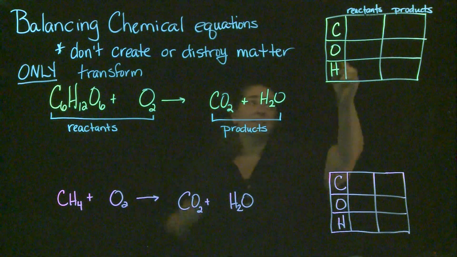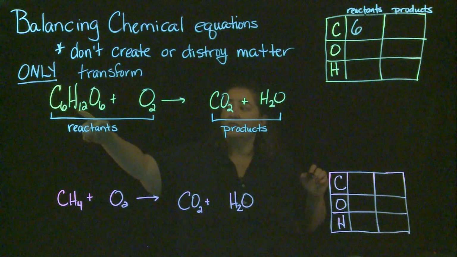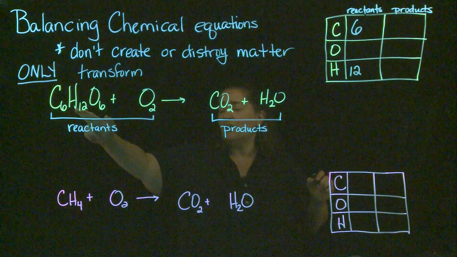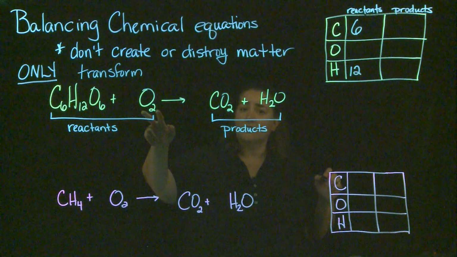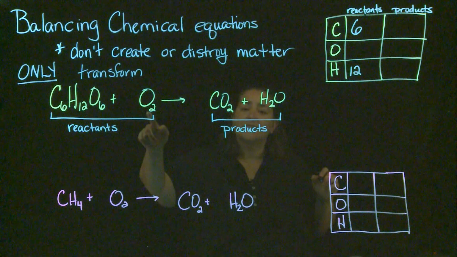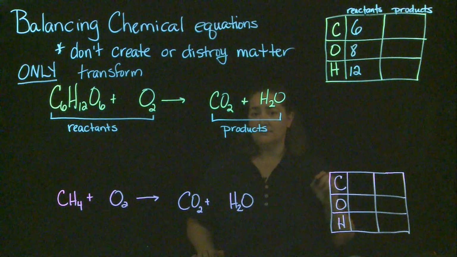This tells you you've got 6 carbons on this side. H is hydrogen. We've got 12 hydrogen on this side. We've got 6 oxygen here, 2 oxygen here. It's separated by a plus sign, so you add these together. 6 plus 2 is going to give us 8.